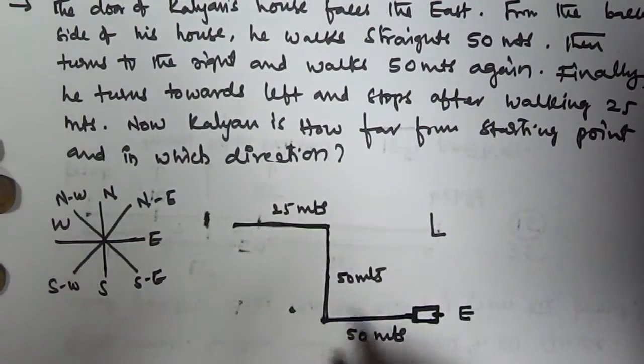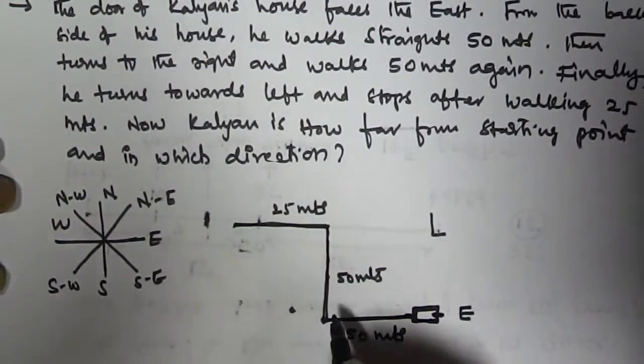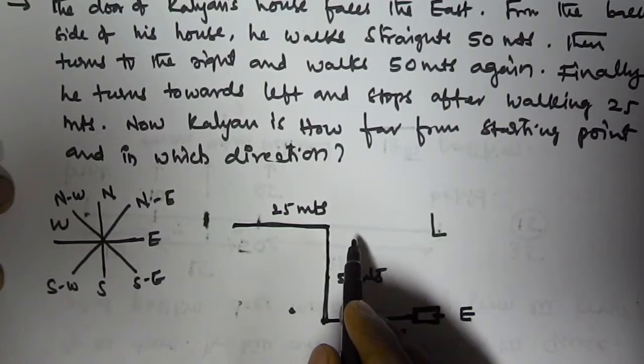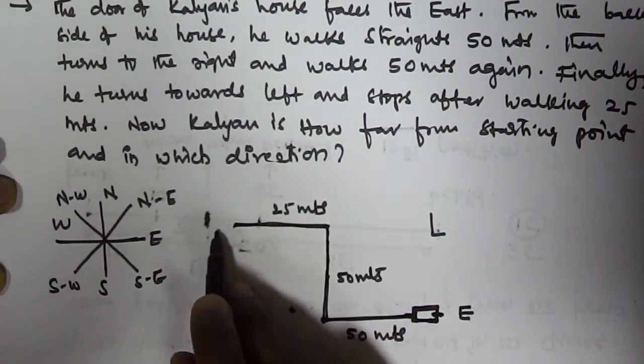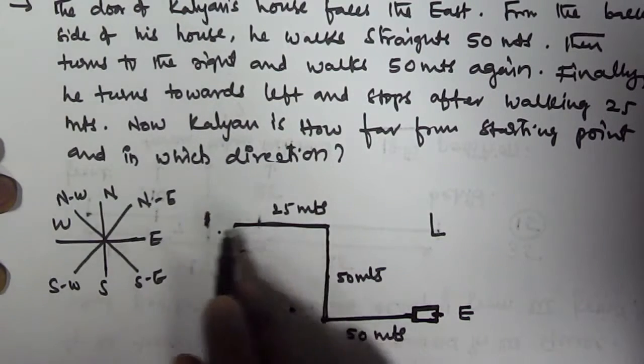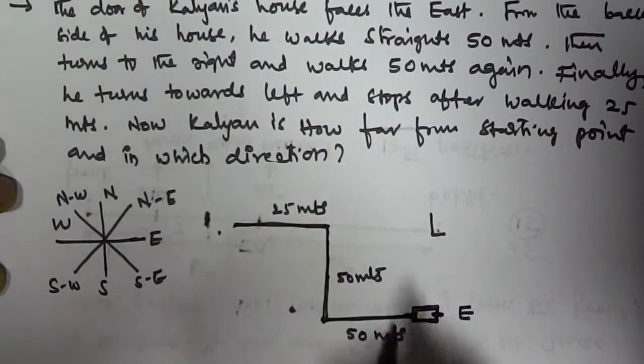From this, if you see, this is the east and now he moved in the west direction and then north and then he moved to the west again. So from the starting point, how far is he and in which direction?